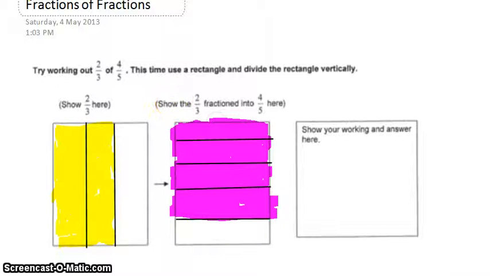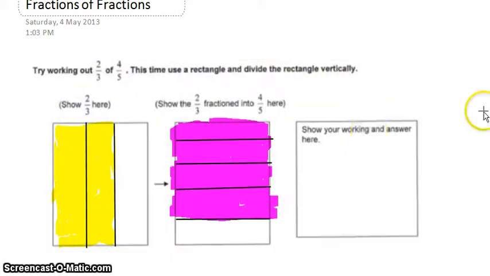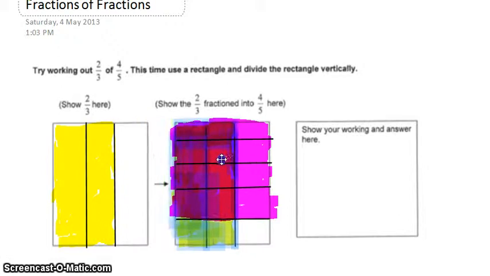Now, if I have to find 2/3 of the 4/5 here, what I'm doing is really taking this shape here and putting it over this shape here.